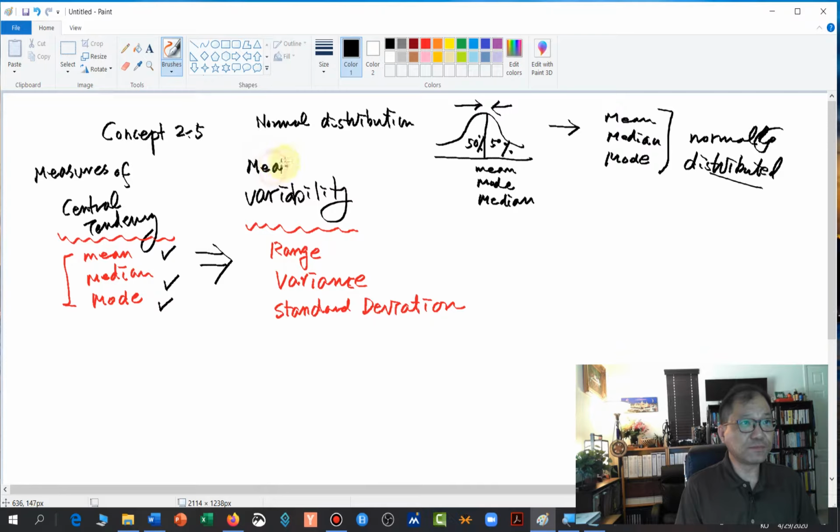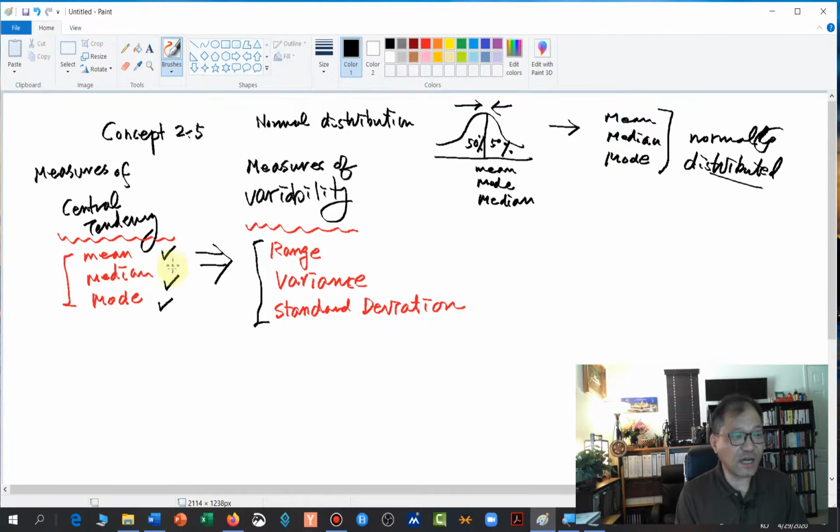Measures of variability in terms of range, variance, and standard deviation. If you don't understand, don't worry about it, just memorize it. Mean, median, mode. Range, variance, standard deviation.